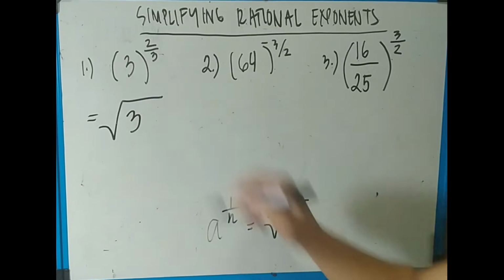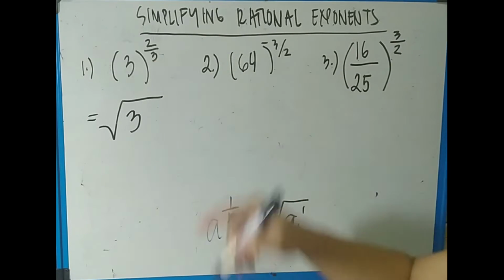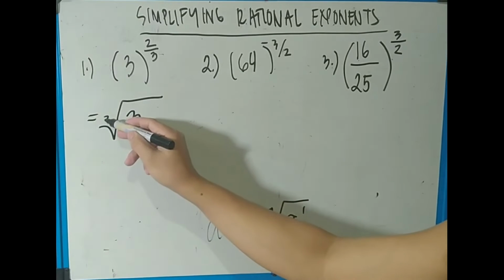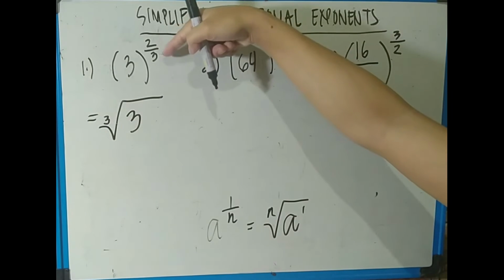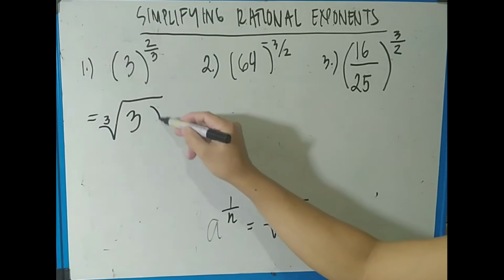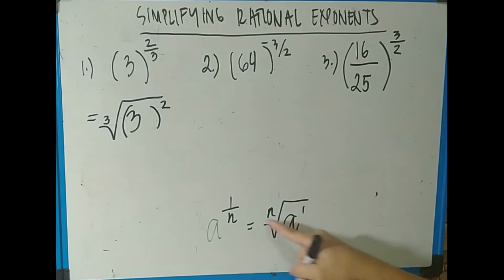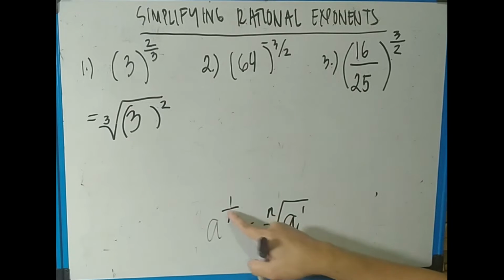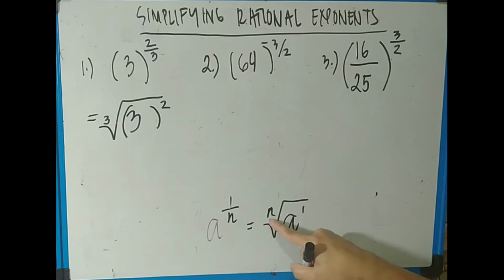And now, since ang index natin for n, denominator is 3, so this states that this is a cube root. So yung 2 sa taas, which is 2/3, this will serve as the exponent. So gaya rin siya nito, so the numerator will be your exponent and the denominator will serve as the index.